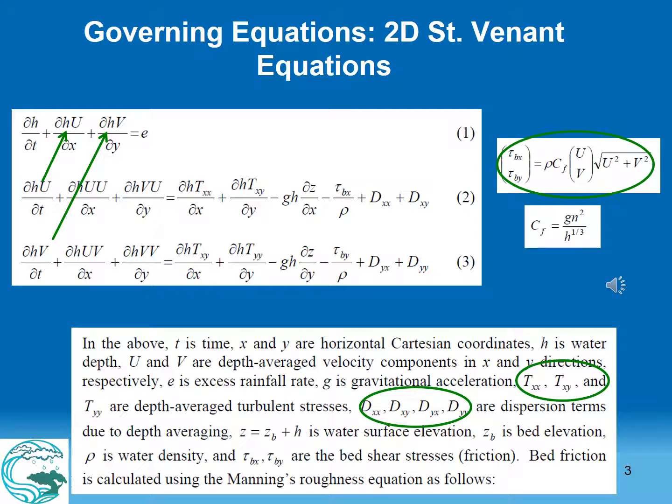The momentum equation in x direction is solved for velocity flux u and goes to the continuity equation. Momentum equation 3, velocity flux v is solved and goes to the continuity equation, and then the continuity equation solves the water surface elevation. The 2D model also uses two-dimensional bed shear stress, depth averaged turbulent shear stress, and dispersion.